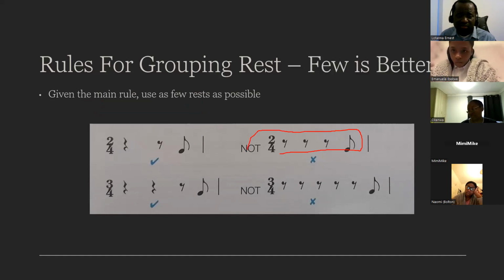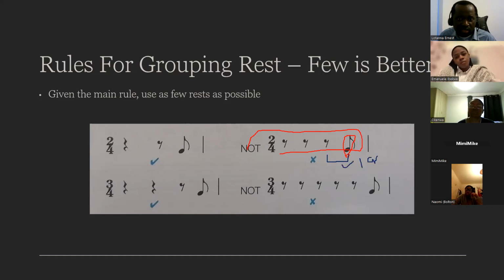And they say, okay, if this is not correct, then rewrite it. Of course, you can't rewrite this because this is a note, all right? You can't rewrite it, but you can rewrite this rest and say, okay, this is a quaver note, so this quaver rest complements it as one crotchet, all right?